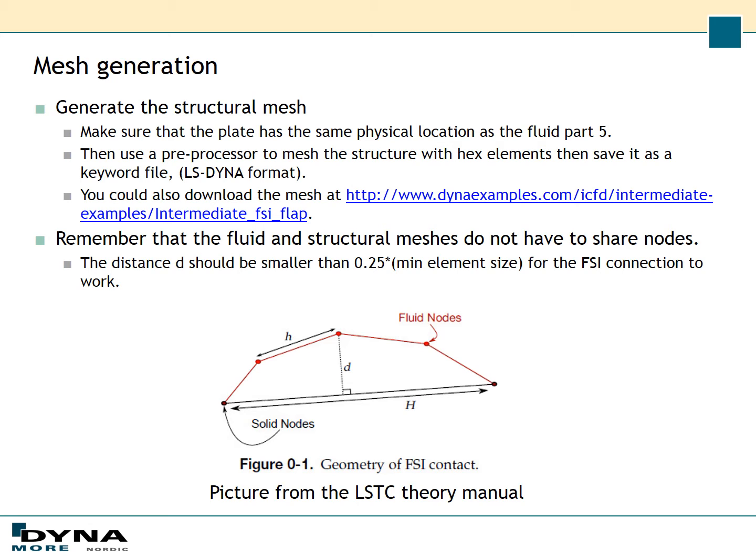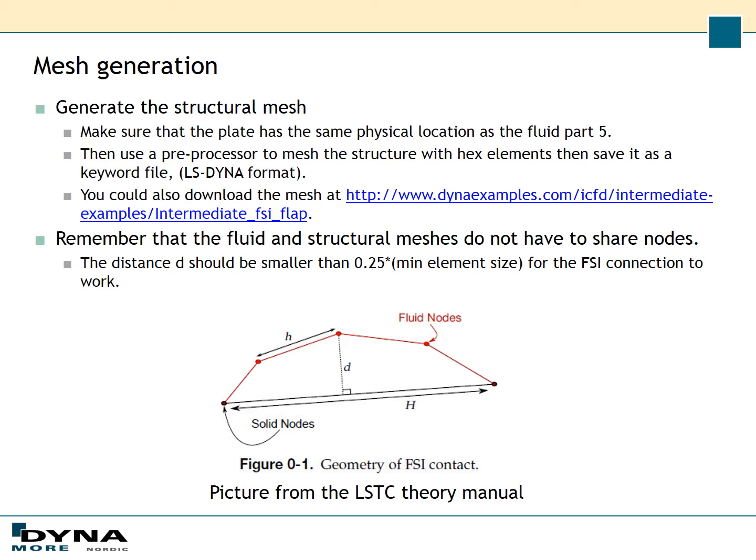And you can use LS-PrePost to mesh the structure with hex elements and then save it as a keyword file or a LS-DYNA format. And it's also possible to use another preprocessor if you want, as long as it supports LS-DYNA. Or you can download the mesh from dynaexamples.com.